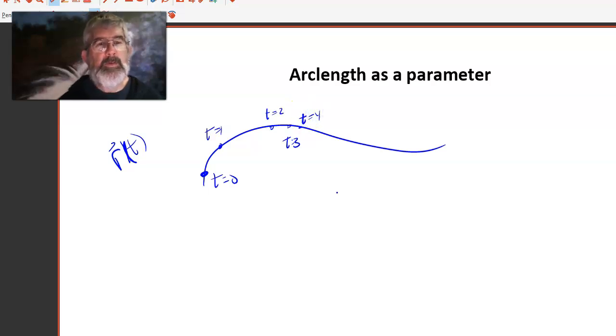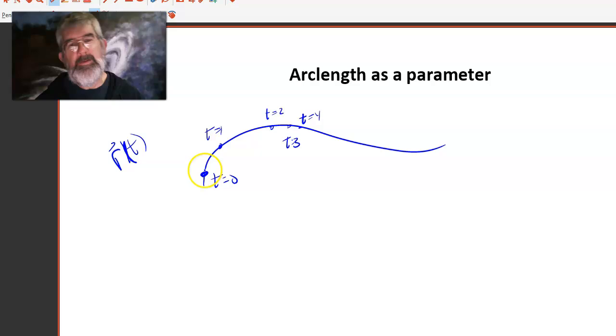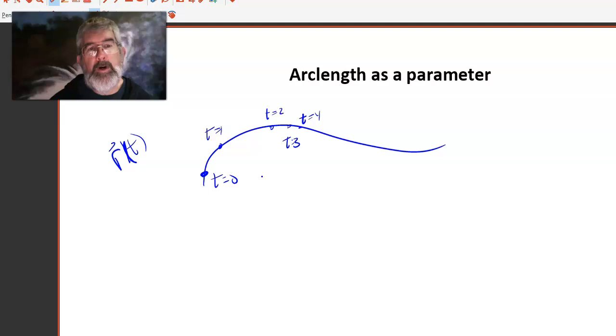And depending on the parameterization, you aren't necessarily moving at constant speed, right? And so to say something like, well, after 5 seconds, how far have you moved from time 0 to time 5? How far have you moved along the curve? Well, that's going to take some calculating, right?